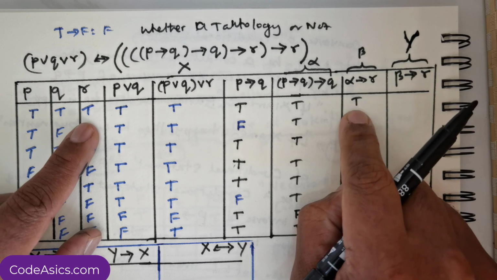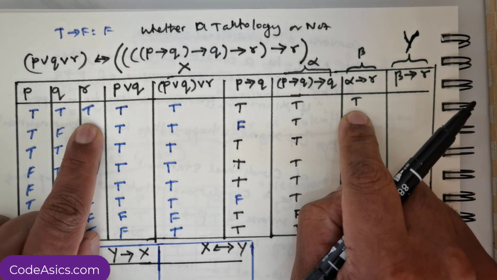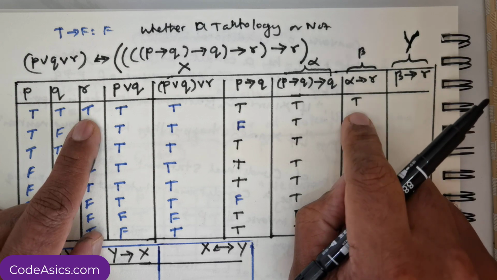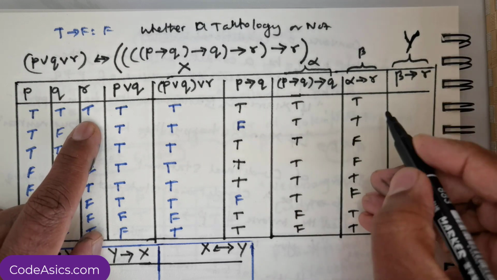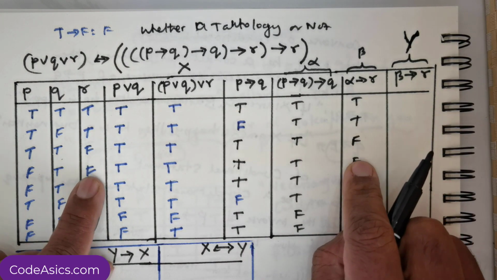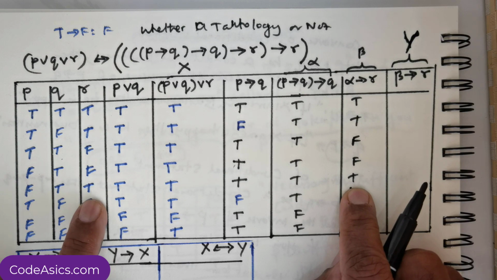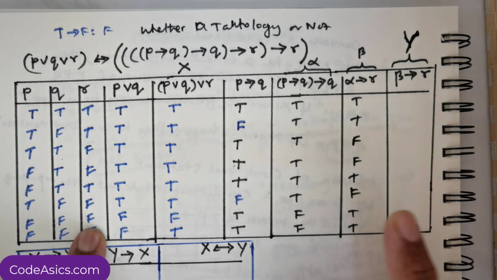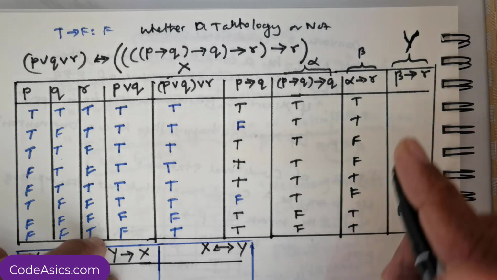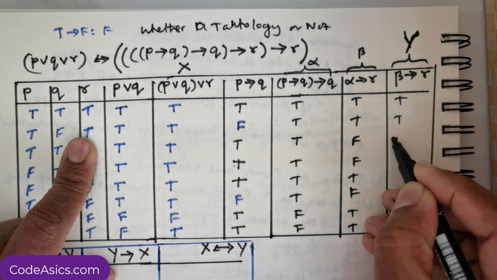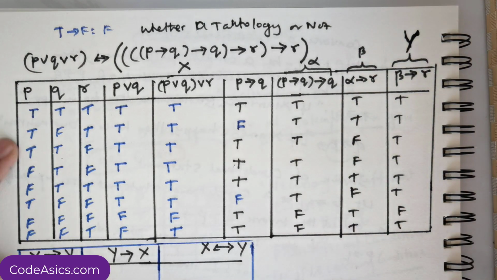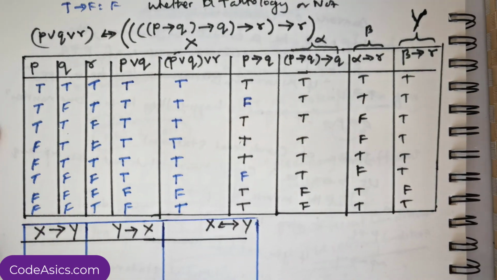This is actually in condition with R. So if beta, then R. So look for T going to F, T going to F, T going to F, T going to F, F. T going to F, no. So the rest of them are T, T, T, T, T, and T. So now we have completed the table.